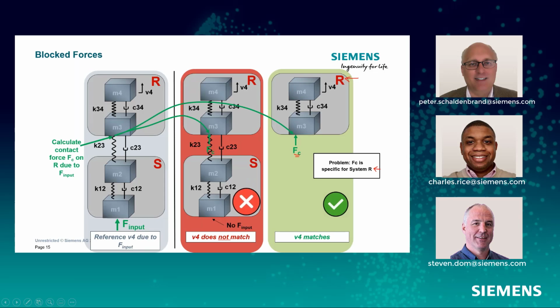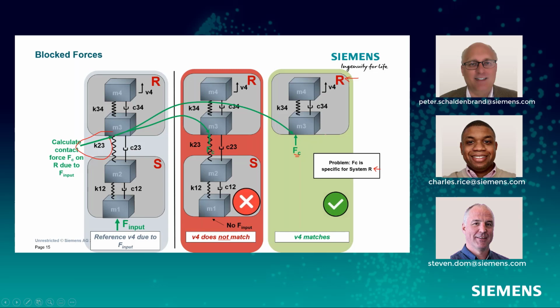If we tried to take this force, and I say, okay, this is the force my motor makes, and I'm going to apply it to my analytical model, I won't get the same results because that FC reflects R and it reflects S. So it has the influence of those systems in it.